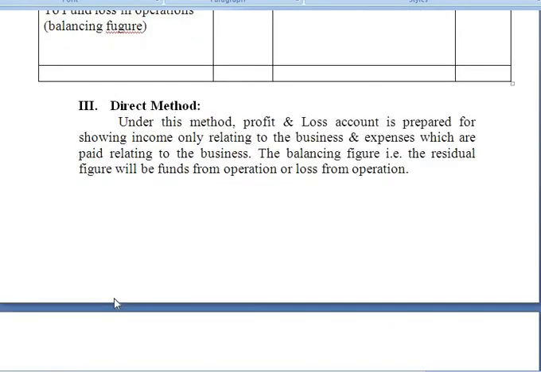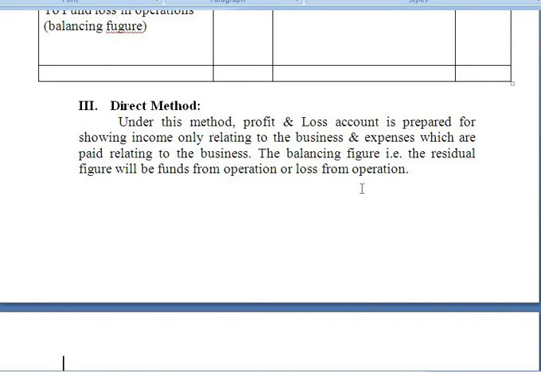And the third method is the direct method. Under this method, a profit and loss account is prepared showing only income relating to the business and expenses paid related to the business, and the balancing figure, the residual figure, will be the funds from operations or loss from operations.